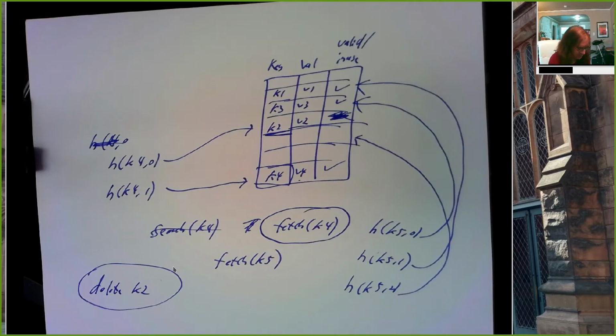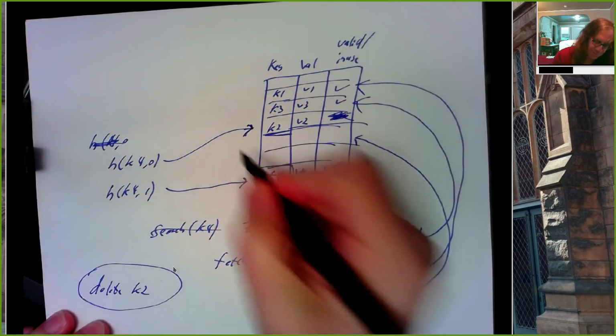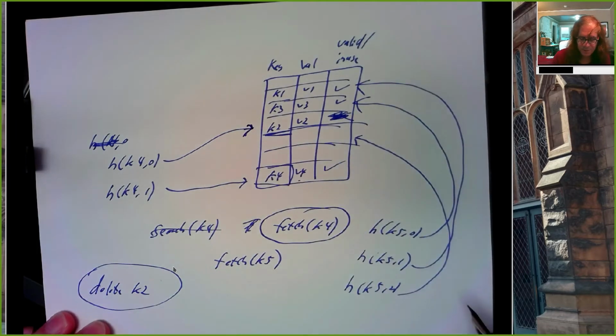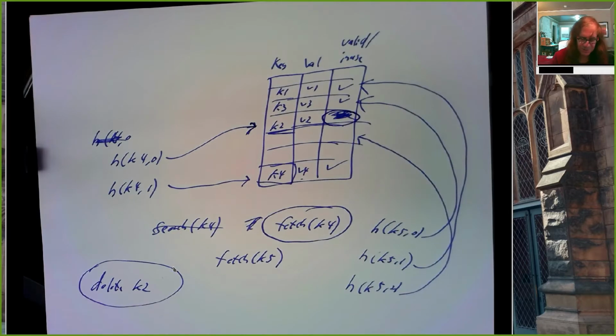It's going to look for where it was. Okay, so how do we look for K4? We hash that key with a probe of 0, right? And what location does that give us? That says, oh, it should be stored right here. We look here and we say, is there something stored here? No. We're going to give up and say, I guess K4 is not in the table.